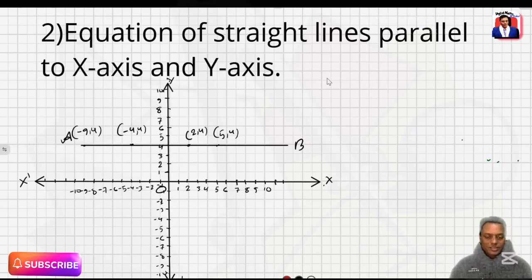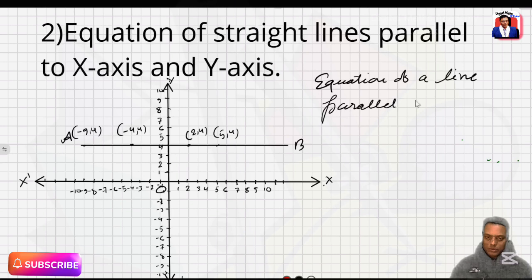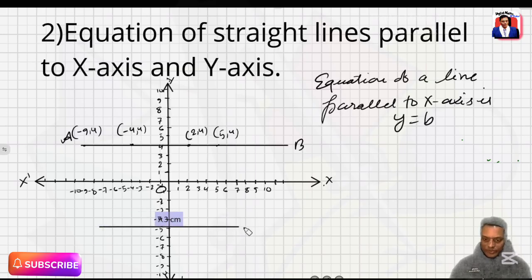So we can write the equation of a line parallel to the x-axis is y equals b, right? b may be negative also. For example, if you draw a line anywhere parallel to the x-axis on the negative side, that is a negative y-intercept. Here the negative y-intercept is 5.